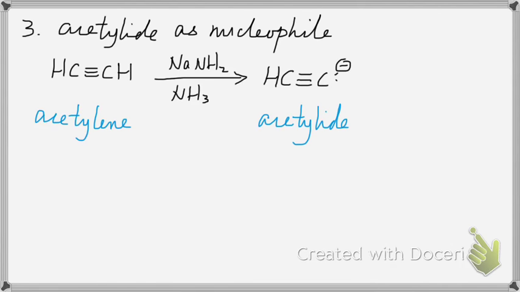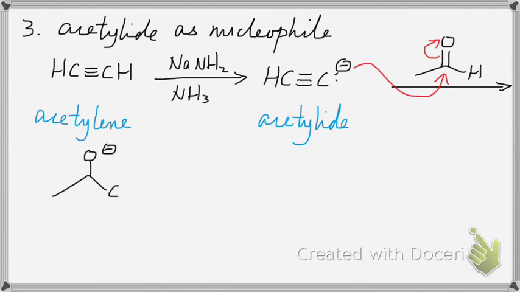We use a strong base, sodium amide, to do that. Acetylide is actually a carbanion, a negative charge on carbon. It's a nucleophile, so it can react with the carbonyl carbon in the same way as other carbanions do, like Grignard reagent or the organolithium reagent.